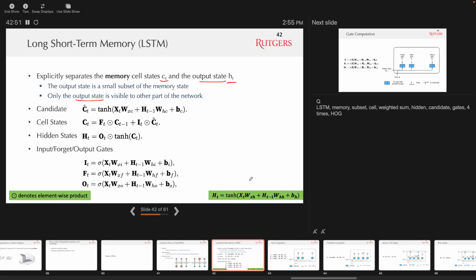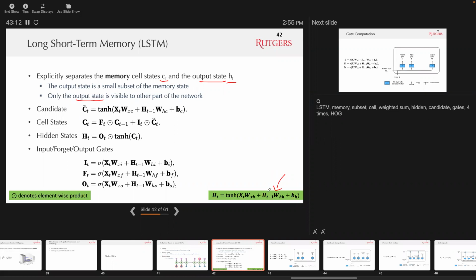Then if you look at our vanilla, our original RNN, it's actually very, very simple compared to this LSTM model, because in the original RNN, to compute the hidden state H at each time step, you only need one equation.